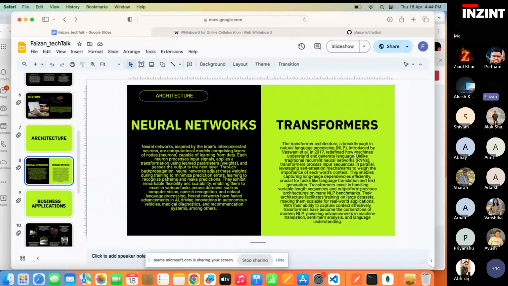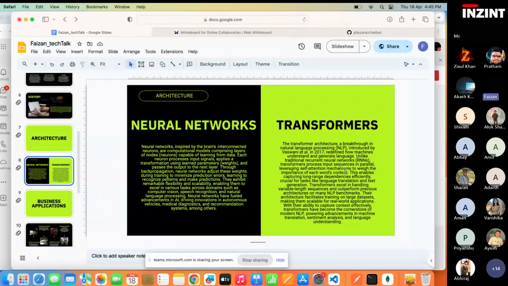Unlike traditional recurrent neural networks, RNNs, transformers process input sequences in parallel. You might have listened carefully while I was discussing neural networks, that this model passes on the processed parameters to the next level sequentially, whereas transformers use parallel processing techniques, and they process the input sequences in parallel.